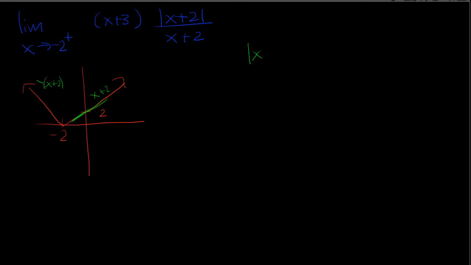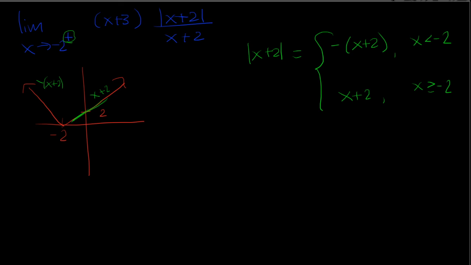So we can write it by definition. It's going to be negative quantity x plus 2 if x is less than negative 2, and it's just x plus 2 if x is greater than or equal to negative 2. So because I'm looking from the right, I want x plus 2.